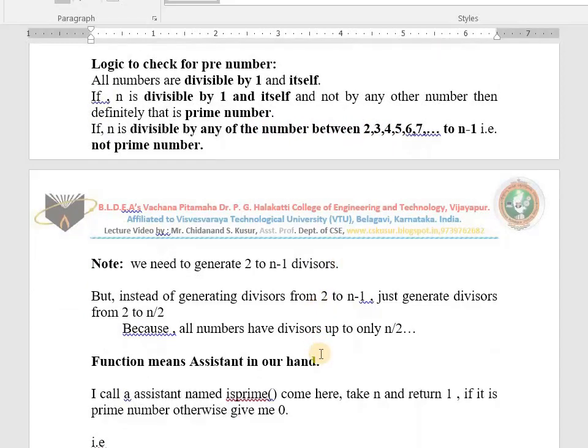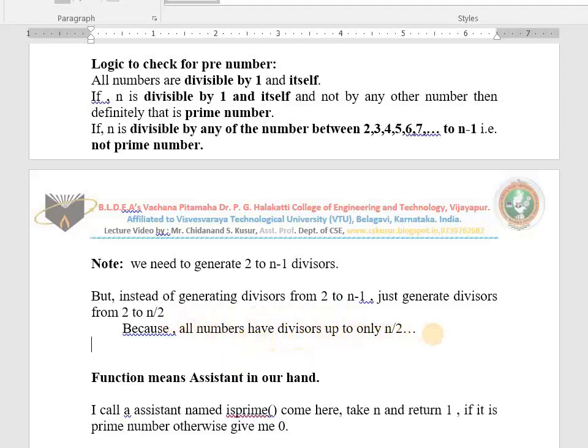But instead of generating divisors from 2 to n minus 1, just generate the numbers from 2 to n by 2 only. Why not up to n minus 1? Why is it up to n by 2? Because all numbers have divisors up to n by 2 only. See here, for 100 we get divisors up to 50, which is 100 by 2.